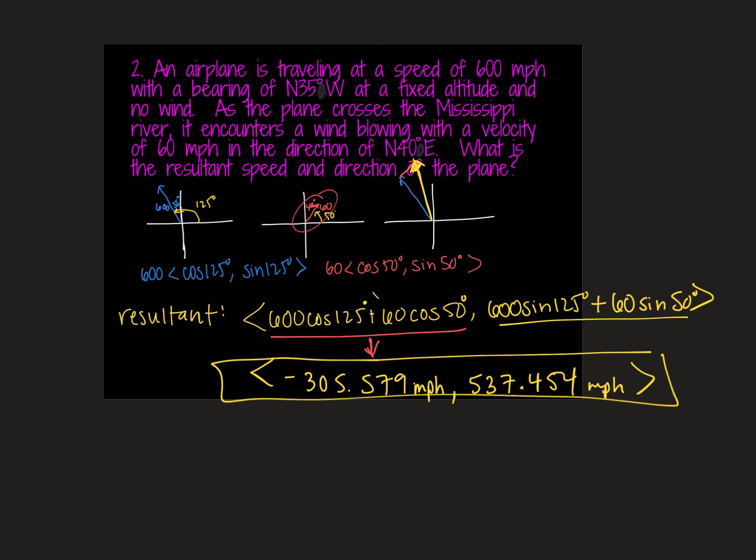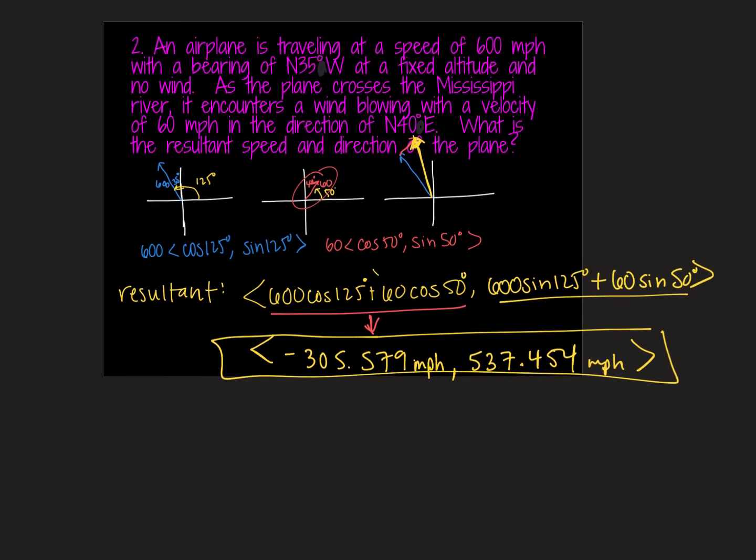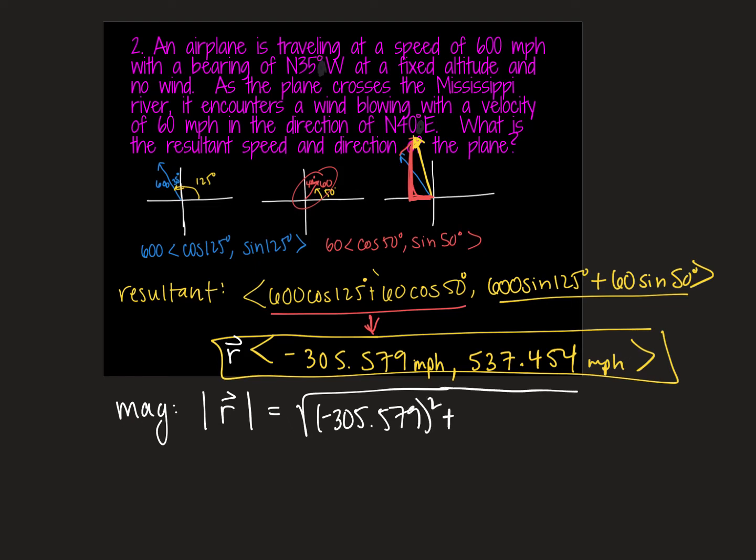So the question asks us the resultant speed and direction of the plane. To find the resultant speed, that just means magnitude, right? Speed is a magnitude. So to find the magnitude of this vector, it's just the Pythagorean theorem, because it's really this little right triangle that we're working with. To find the magnitude, I'll call this R. I want to find the magnitude of R. I do the square root of the horizontal squared plus the vertical squared.